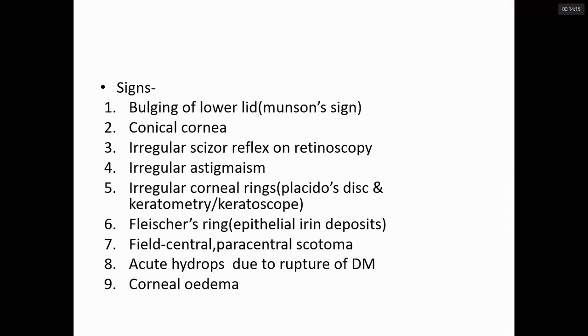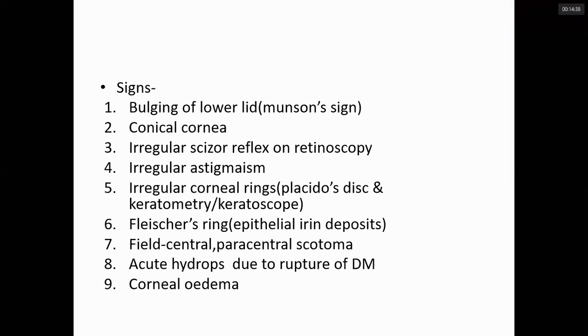The cornea is cone-shaped, and there is an irregular scissor reflex on retinoscopy. If you do retinoscopy, you can see the scissor reflex. The patient will have irregular astigmatism. And if you examine with pachymetry, keratometry, or keratoscope, you can see irregular corneal rings.